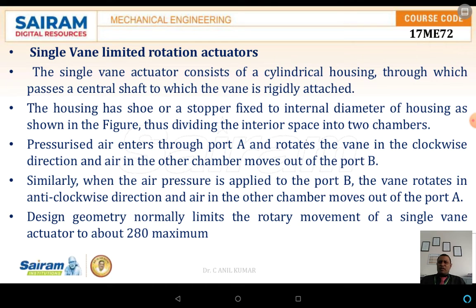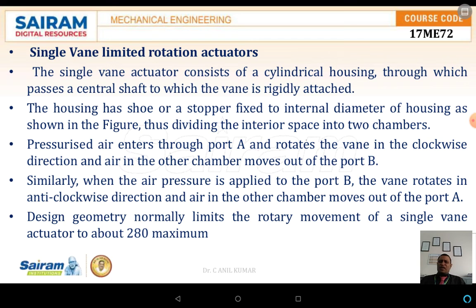The single vane actuator consists of a cylinder housing through which passes a central shaft to which a vane is rigidly attached. The housing has a shoe or a stopper fixed to the internal diameter of the housing as shown in the figure, thus dividing the interior space into two chambers.